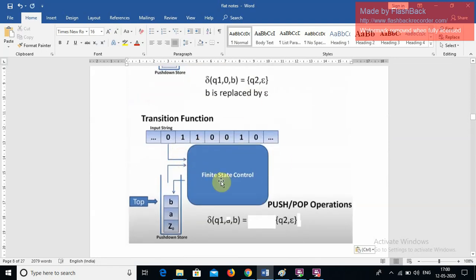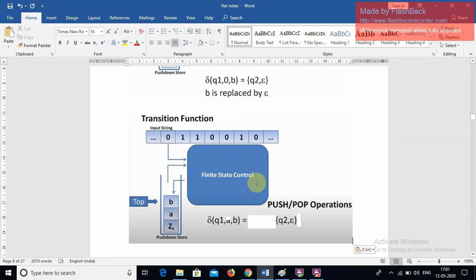So this is the transition before execution of the transition function. What is happening here? You can see the stack only: b z0 a b, with the top pointing to b, and the input starting with 0, and the final state control.